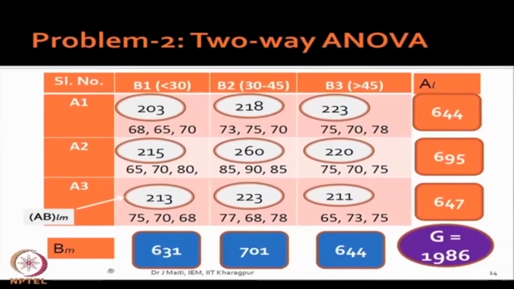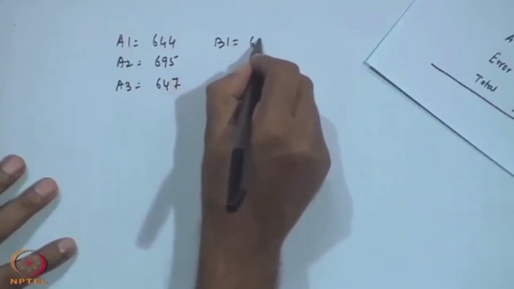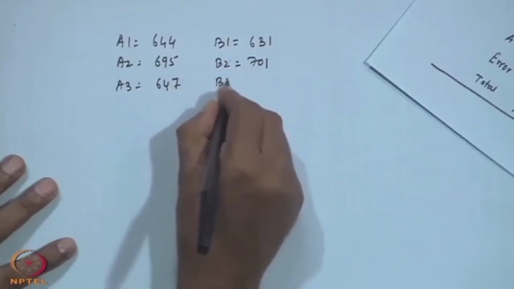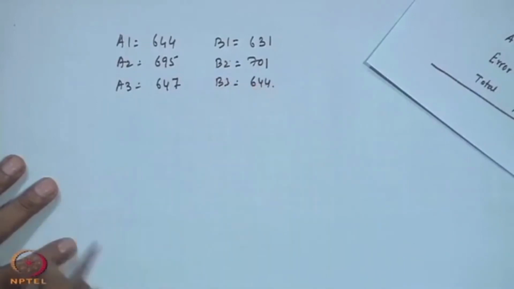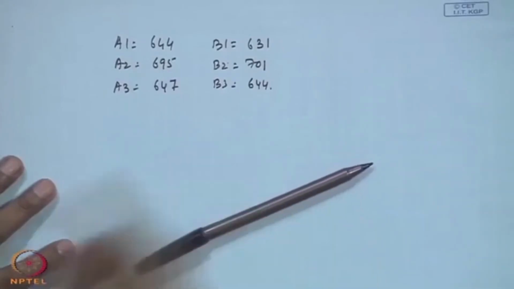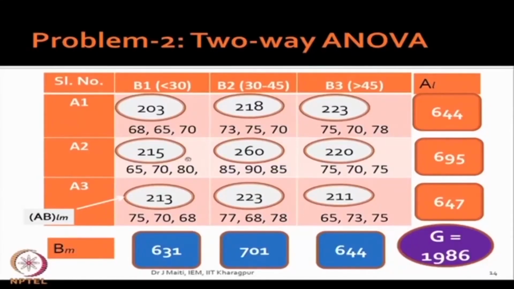Similarly, when you make the total across the columns, you will be getting the column totals, which are basically for the different age groups. So, you will be getting B1 equal to 631, B2 equal to 701 and B3 equal to 644. Another thing which is equally important here is that we want to see the interactions.